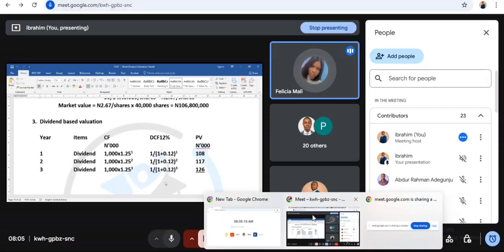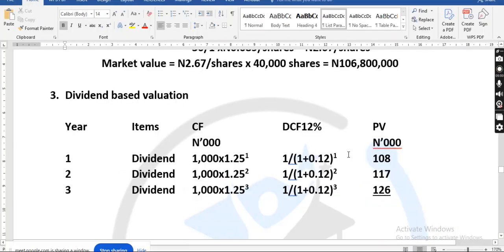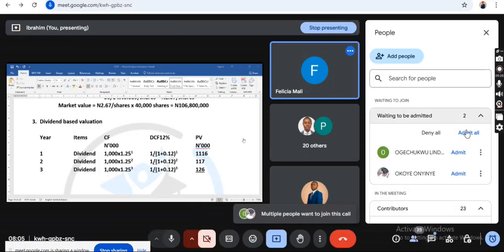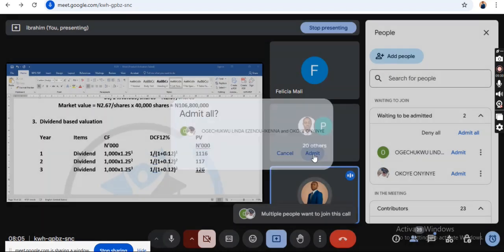Year 1 is 1,116. Okay. Year 2 is 1,245. Okay.